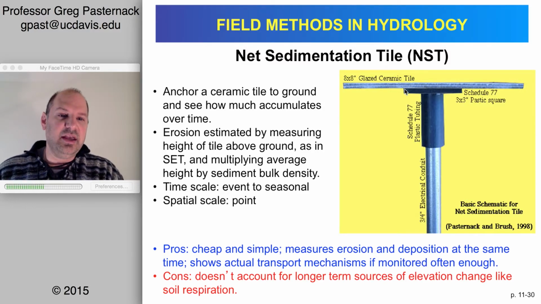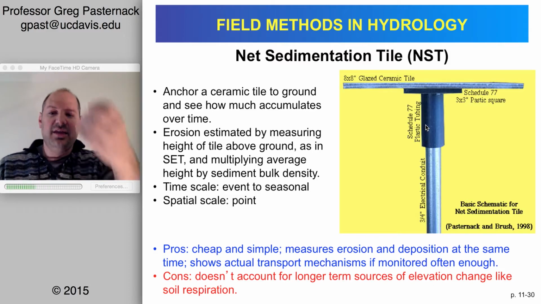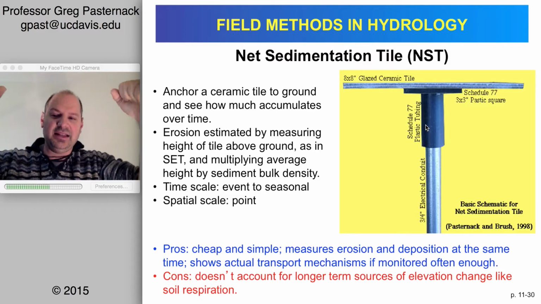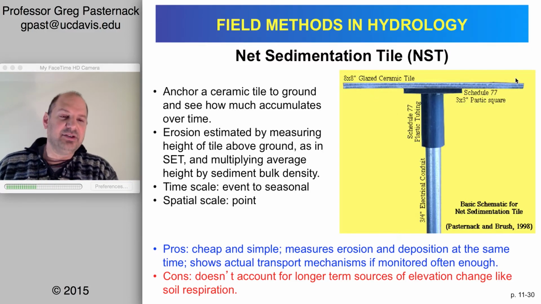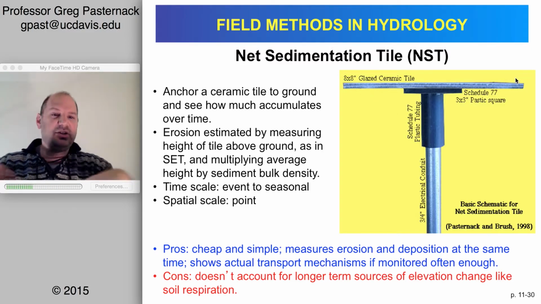And that tile is glued to a piece of plastic and vertical plastic tubing, so that tubing can just go right on the stake, and it's capping like a graduation cap. And so that's flush with the ground surface, and then material can come and go.